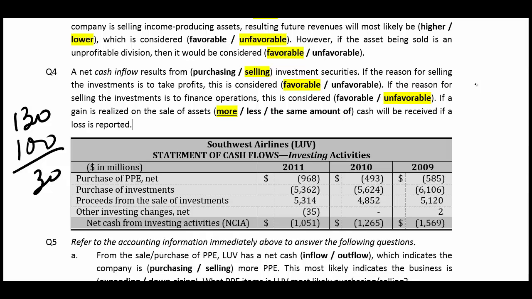Let me give you a different example. Let's say that same asset is sold for $60, resulting in a $40 loss. What would appear on your cash flow statement? $60 cash inflow. What would be reported on your income statement? $40 loss.